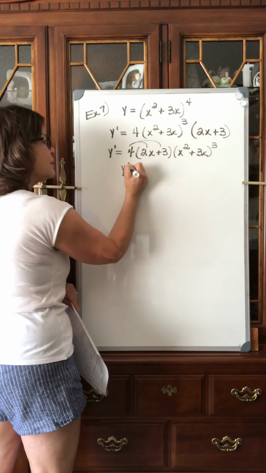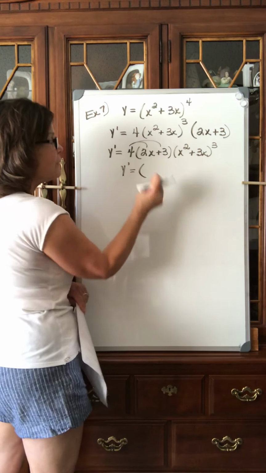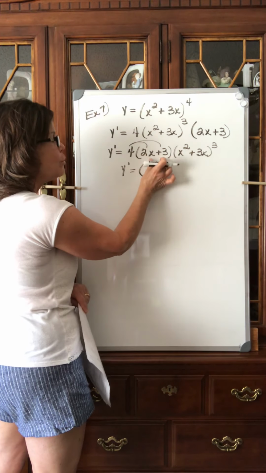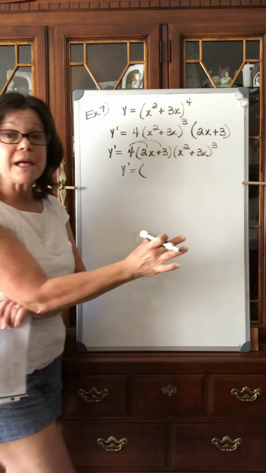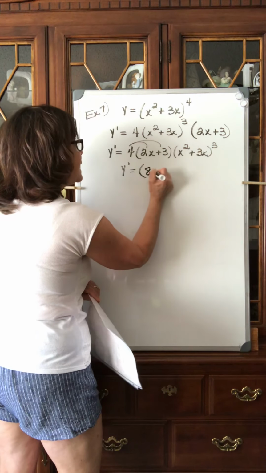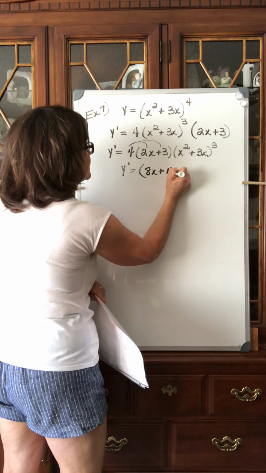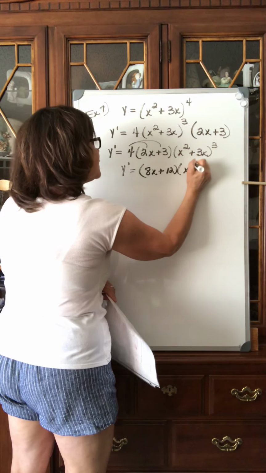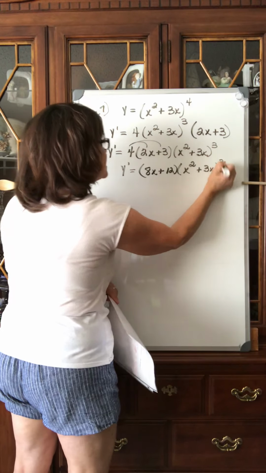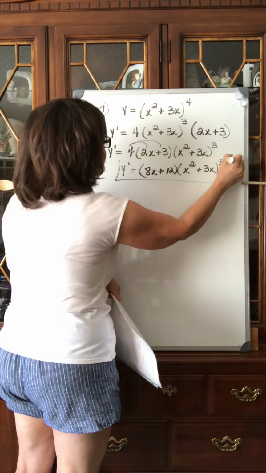So my first derivative is, and you have to keep this in parentheses because once you distribute that 4, this whole binomial would get multiplied by this binomial cubed. So it'll be 8x plus 12 times x squared plus 3x cubed. And you can leave your answer just like that.